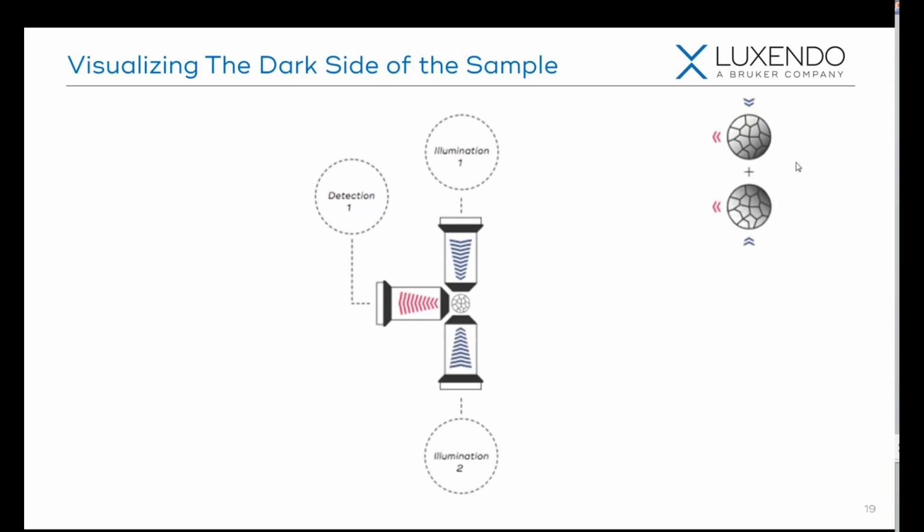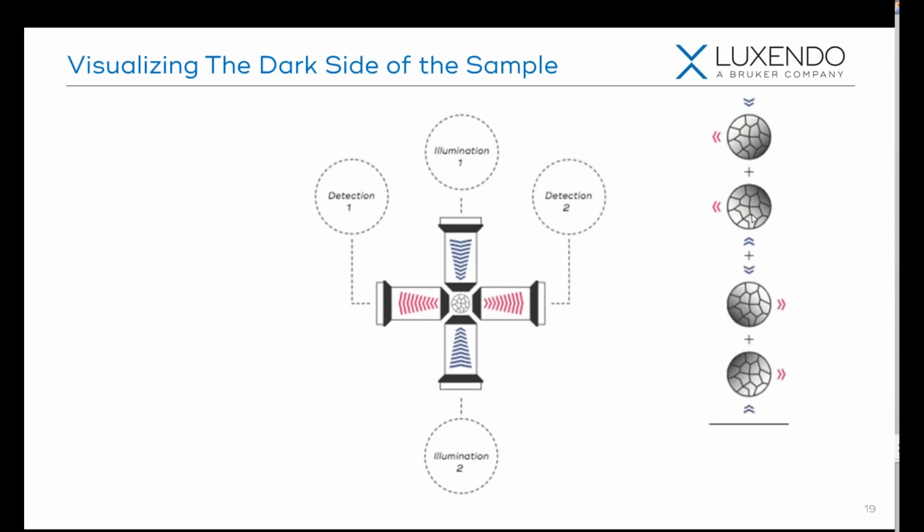However, by adding an additional illumination objective, we can now efficiently collect emitted signal from 1/2 of the sample, but we still have this dark side on the back half. So by the addition of a second detection lens, we essentially double the amount of information that we collect, allowing us to visualize 4 views of the sample at once, which we can then fuse into a single high-resolution image.